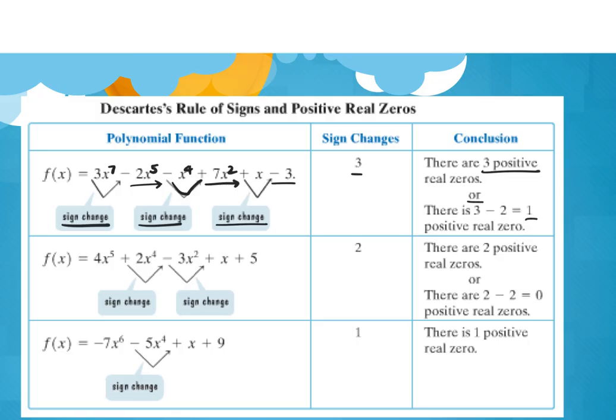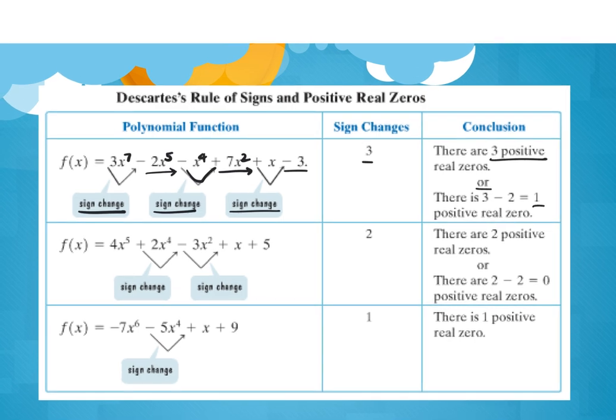Now, if I were to change these to negatives, the negative x to the 7th would make this negative 3x to the 7th. A negative x to the 5th would also change that sign, so it would be positive 2x to the 5th. A negative x to the 4th is going to go away. The negative's still in the front, though, so it would be negative x to the 4th. A negative in the x squared is going to go away, so positive x to the 2nd.